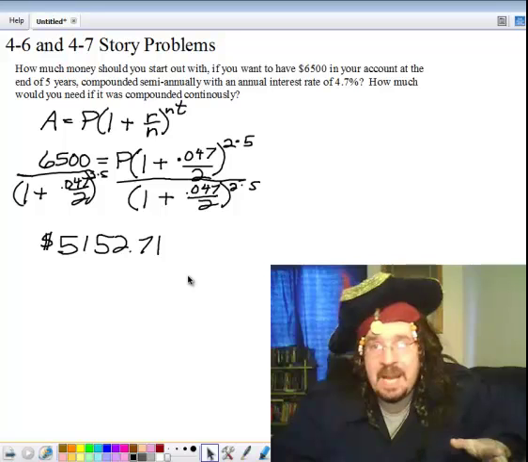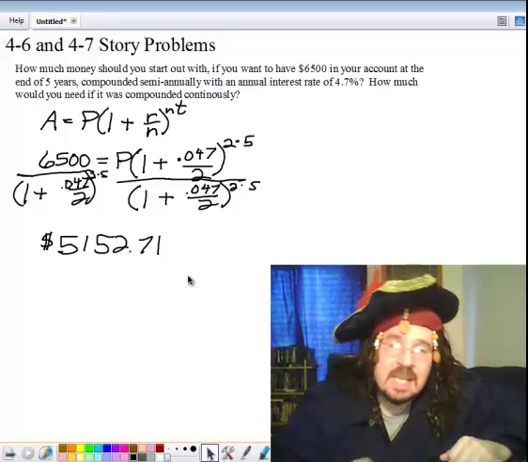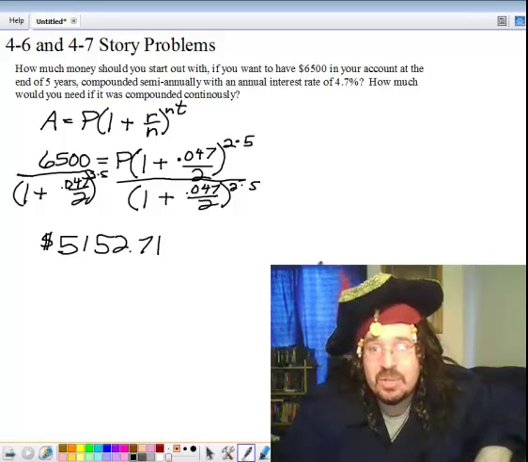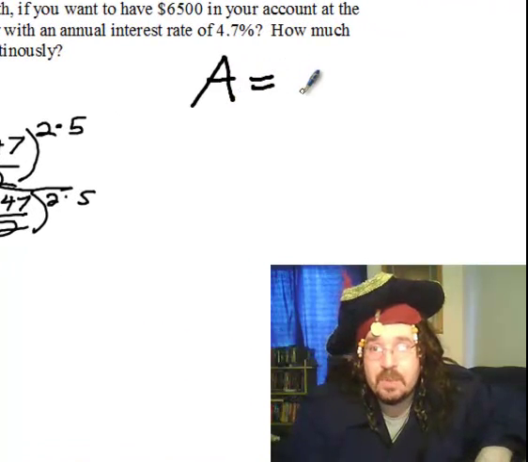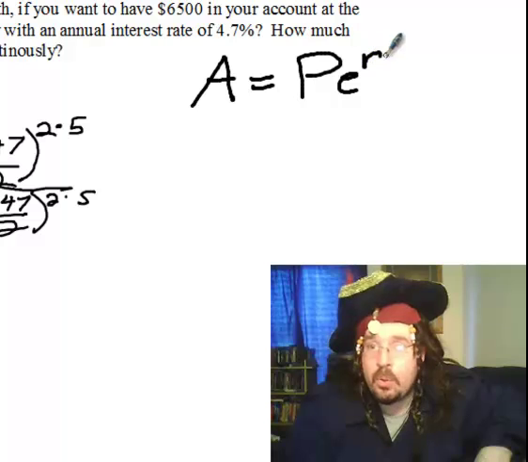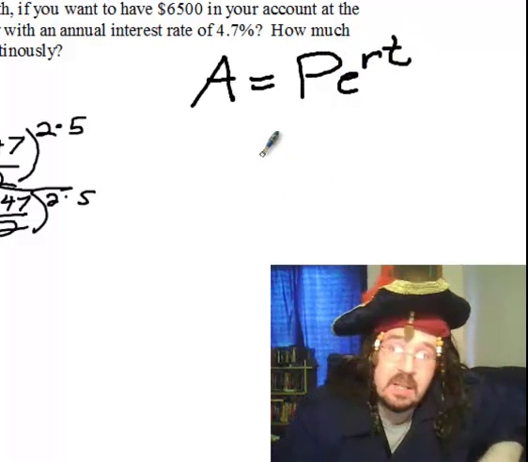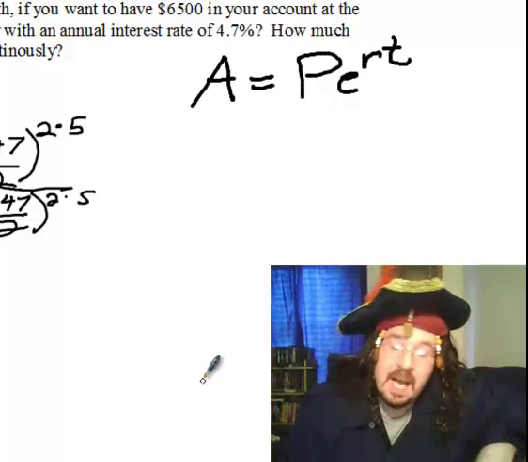So that's compounding semi-annually. Now, to compound continuously, it's actually much easier to do because I use A equals P e to the rt, which we'll use for all the problems involving exponential growth and decay as well, and it'll be very lovely.